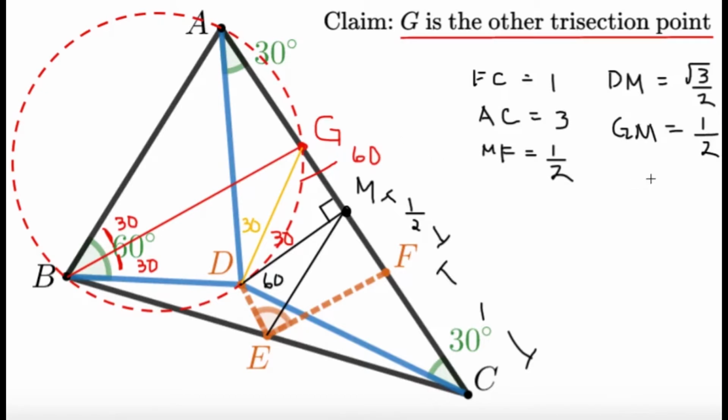Now, GM being 1/2, we can keep going, because GD is the hypotenuse of triangle GDM. GM is 1/2, so GD would be twice of 1/2. So GD here would be equal to 1. And since we have a 30 degree angle here and a 30 degree angle here, triangle AGD is an isosceles one. So GD, which is 1, is the same as AG. So AG here would be equal to 1 as well.